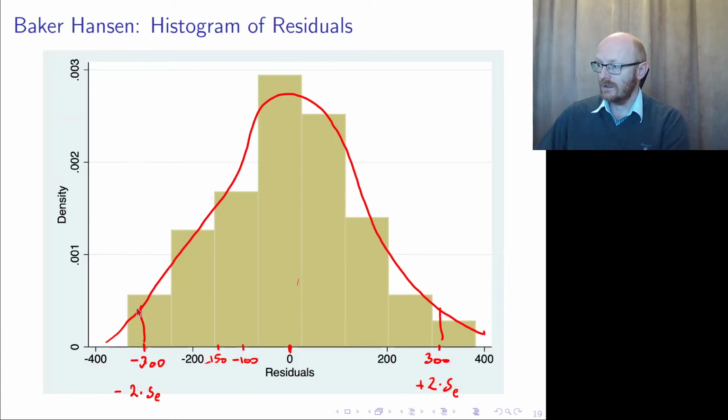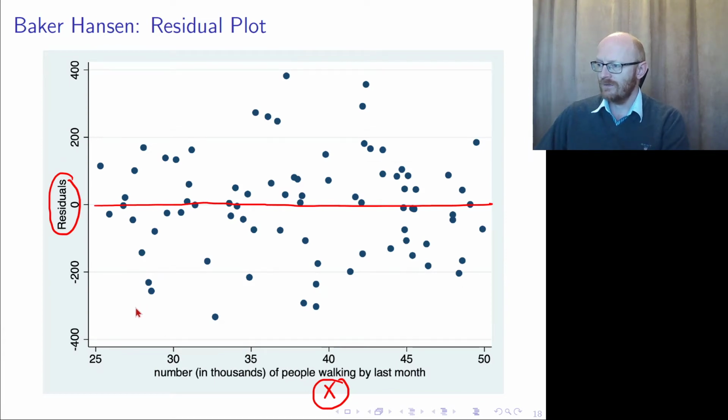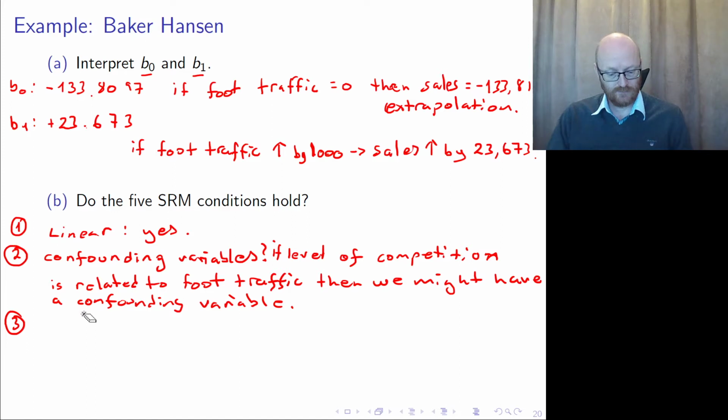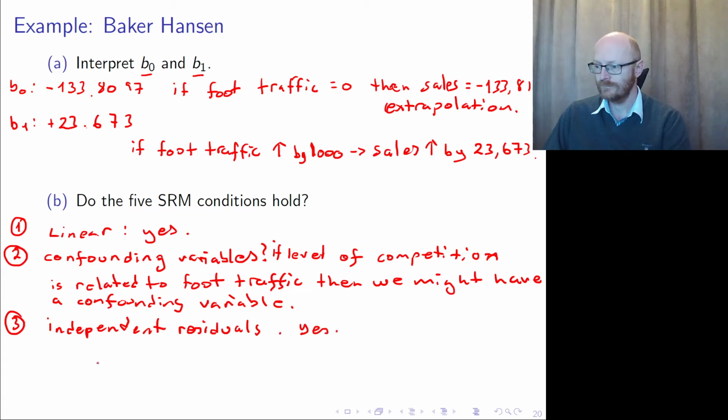And we can look at the residual plot again, and if we could see a pattern, for example, that there was kind of a seasonality in the residuals, then we would say no to this, but we can't really see a pattern in the residuals, so we have to say that they are independent. Yes.